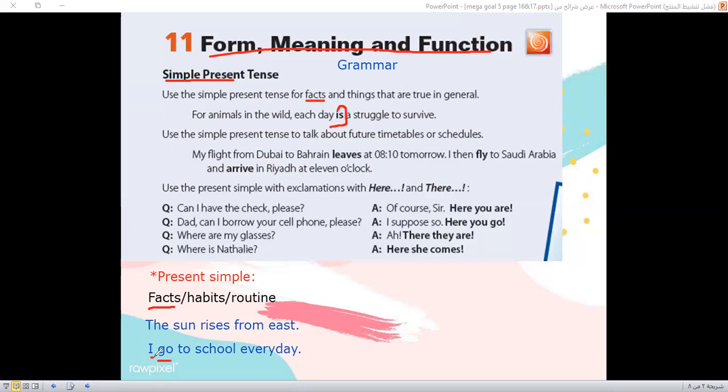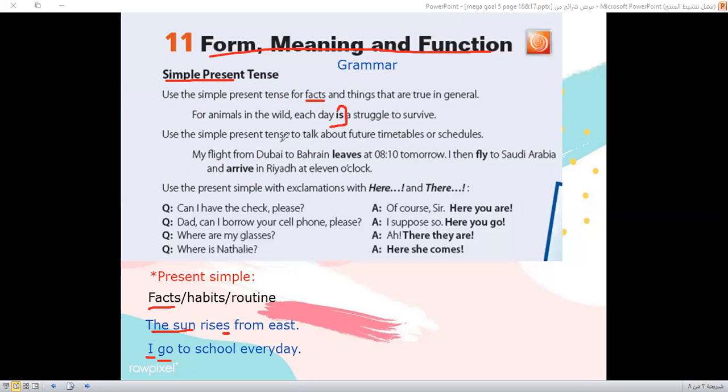Here, because I is one of the plural section, which is I, they, we, you, after those pronouns the verb should be verb 1 without anything. But for the sun, because the sun is singular, I should add what, if I want to write it in the present simple? Yes, very good, Ilaf, I should add an S.